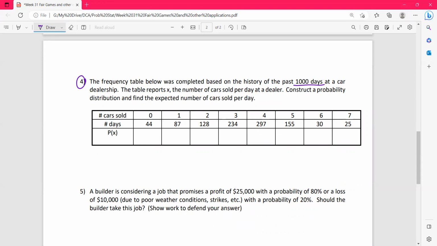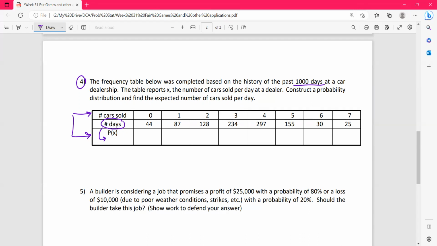Okay, so when we make our probability distribution table, really we are just looking at our number of cars, this one and this one. Remember, whether it's something with the money or how many cars are sold, and the probability, that's what goes into our probability distribution table. This part right here is just helping us determine the probability.